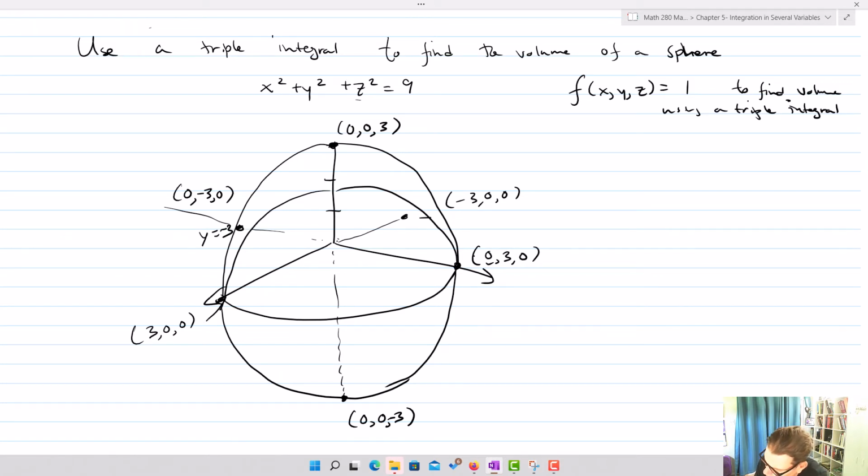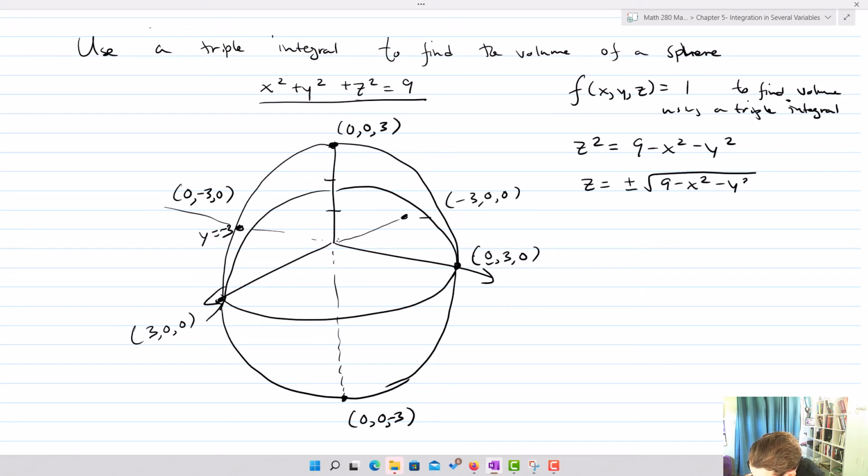So we're going to get first the bounds for z. z squared is going to equal 9 minus x squared minus y squared. That's just taking this function and transforming it to z. So z is going to equal plus or minus the square root of 9 minus x squared minus y squared. What that means is that u2 of x,y is going to be the top value, the positive square root of 9 minus x squared minus y squared.